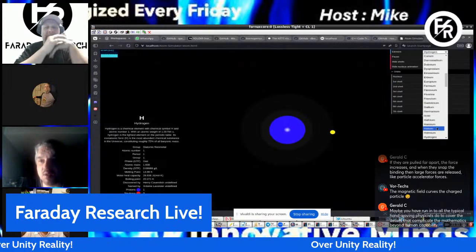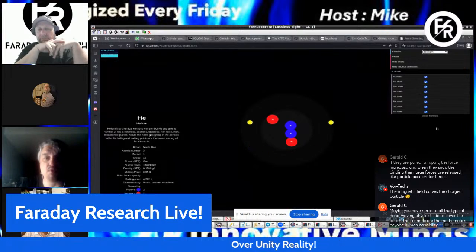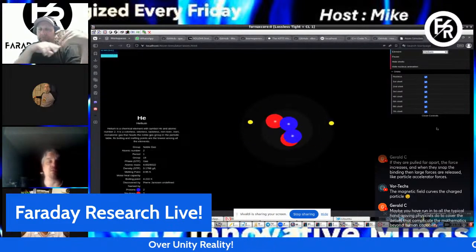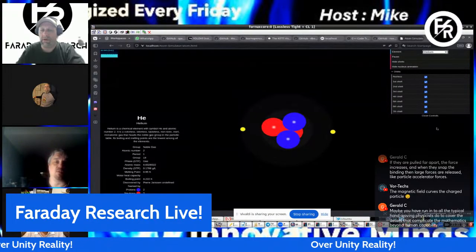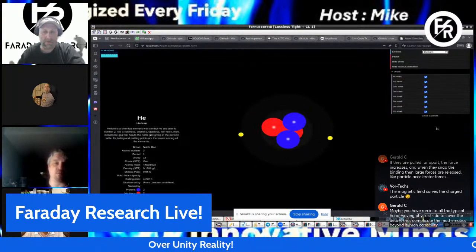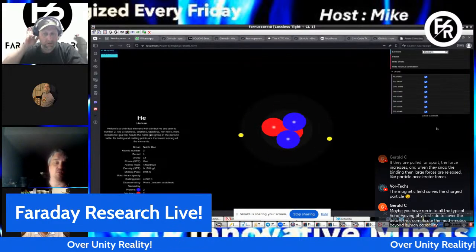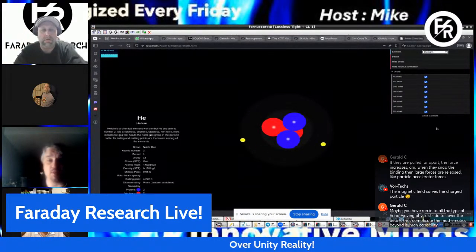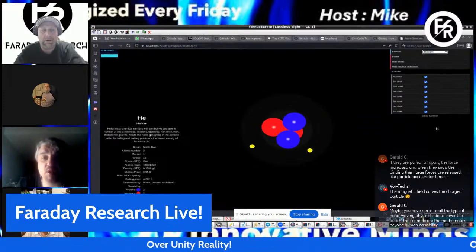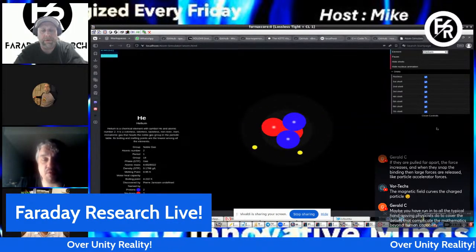I think it's the helium I'm using to simulate it in my simulator. I'm able to simulate it because the electrons are at the same level. But as soon as I increase the atomic number, then it starts being very difficult to simulate.